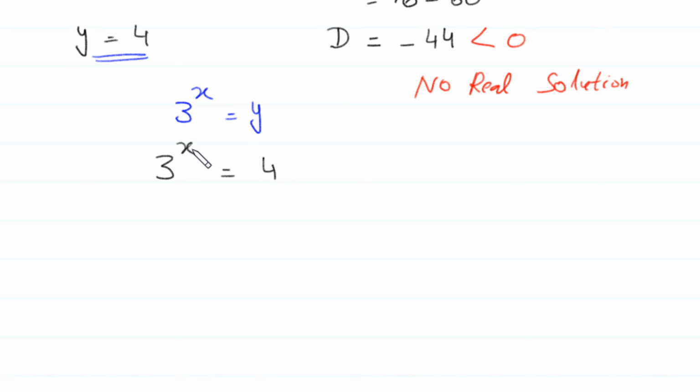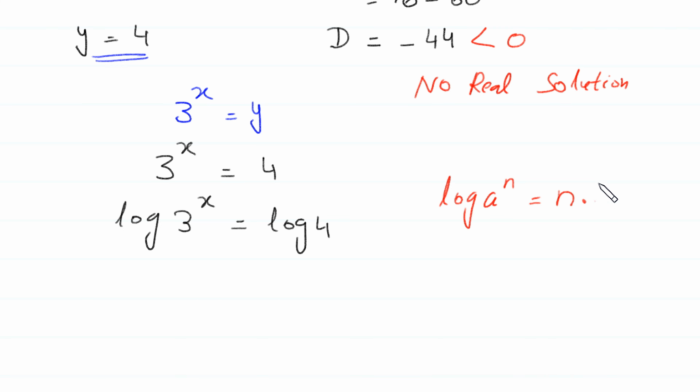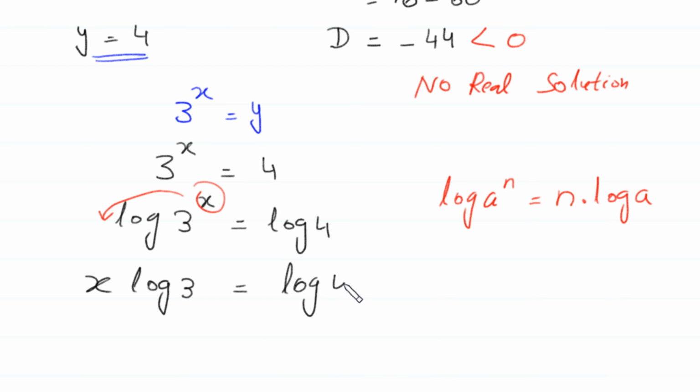Now to find the value of x, we take log of both sides. Log of 3 to the power x is equal to log of 4. Now according to the property of logarithms, log of a to the power n is equal to n times log a. This power x comes here: x times log of 3 is equal to log of 4, and we divide both sides by log of 3.